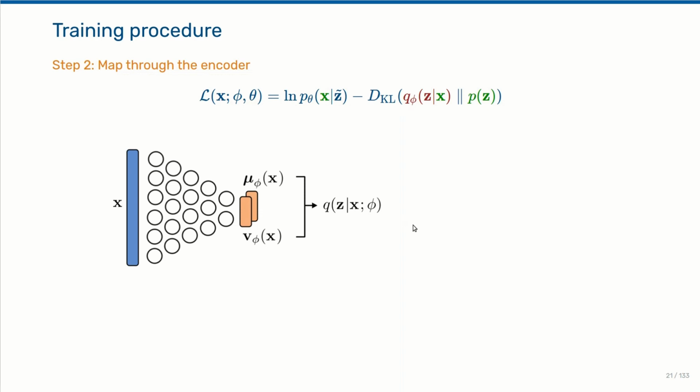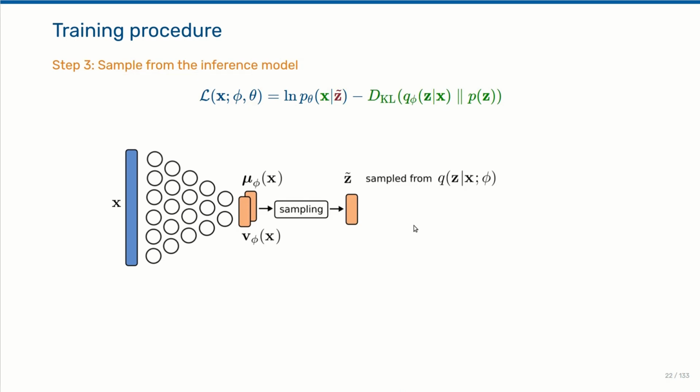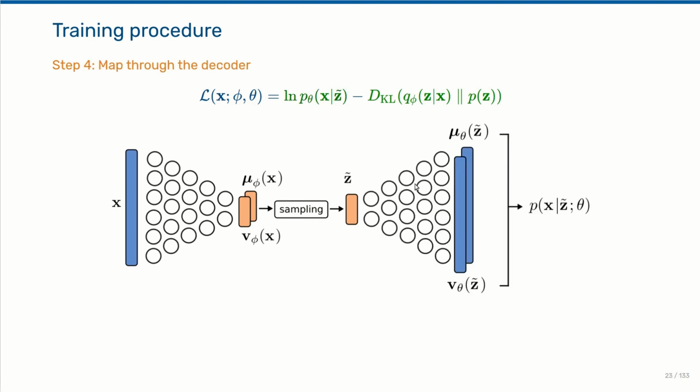Once we have done that, we can sample Z using the reparameterization trick that I explained in the previous slide. This gives us Z tilde, which is one sample following the approximate posterior distribution of Z given X. This sample is then given to the decoder that is computing the parameters of the likelihood or the conditional distribution of X given Z tilde.